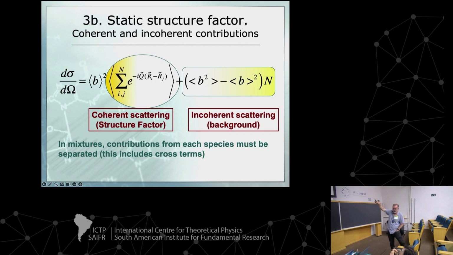So if the b is large, you will have a huge contribution of the incoherent. Also realize that it's multiplied by N, the number of particles. So in the case of water, of hydrogen, the b is large, the incoherent cross section is large. Normally, the incoherent part is just this difference.